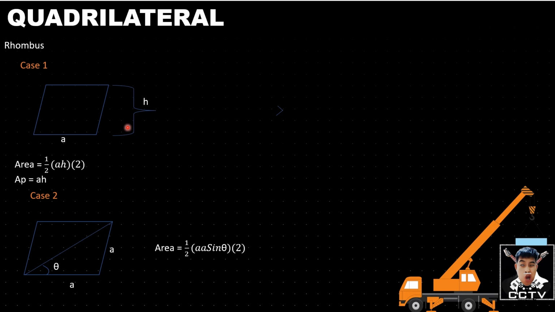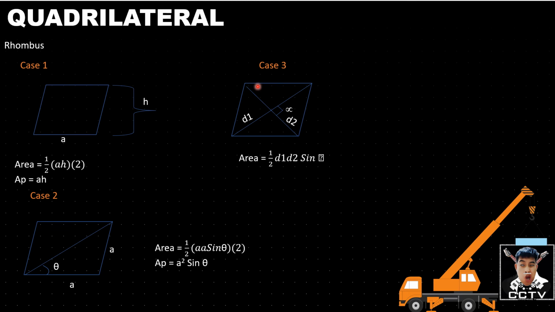Of course, the scissors formula again: A squared sine theta is the resulting formula. Now, case 3: given the diagonals, the intersection is 90 degrees because it is a square. Same sides. Let's say this is alpha, and this one is alpha again, and that is 90 degrees. Sine 90 degrees is 1. So what's left is just 1/2 of the product of the two diagonals.